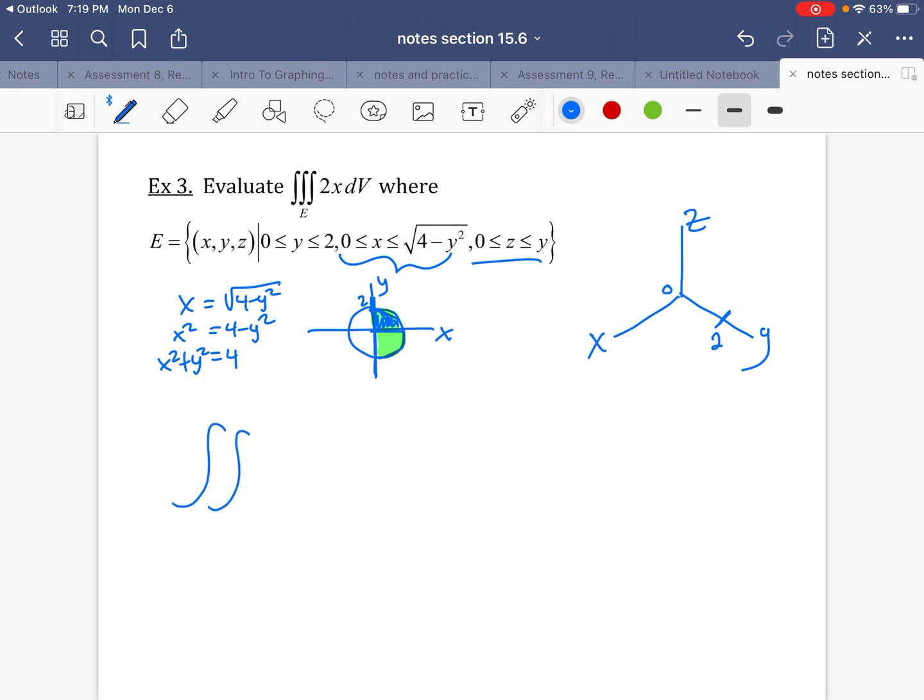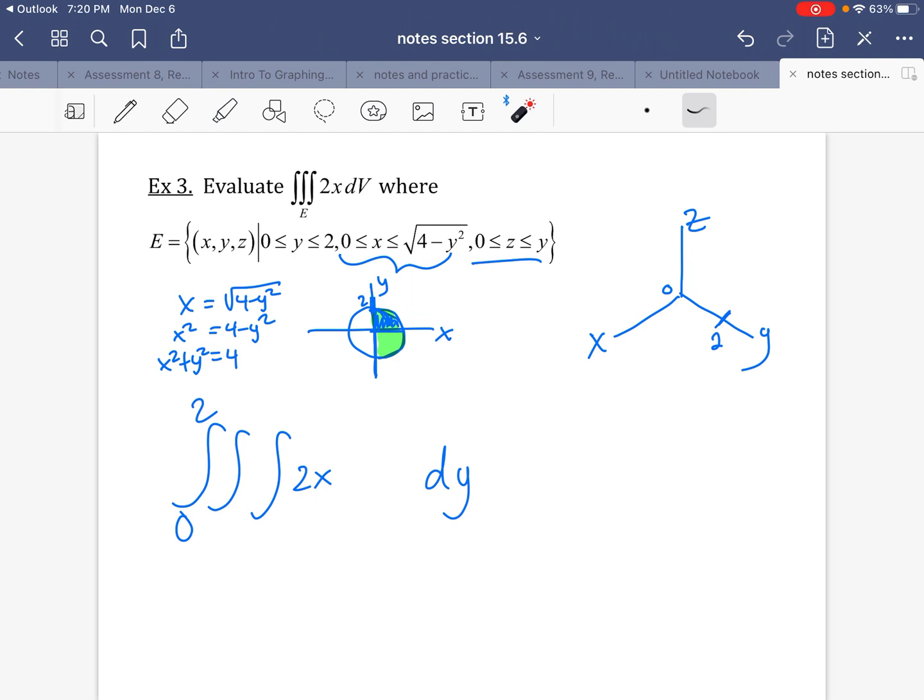All right. So we are going to start here. We are going to have y going from 0 to 2 because that is definite numbers. So that's going to be my dy on the end. And I do have a 2x right here. All right, so that's going to be my last one. Now, for the inside, I have this equation with x between 0 and these two things.